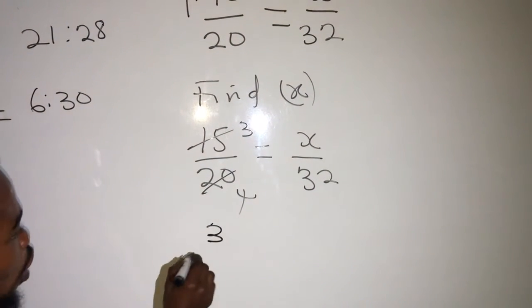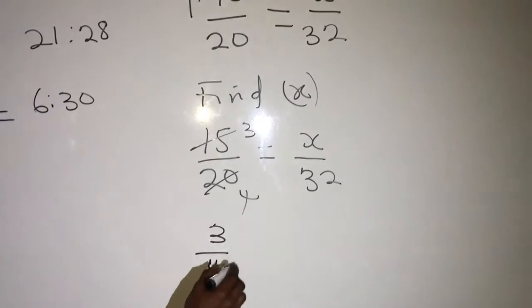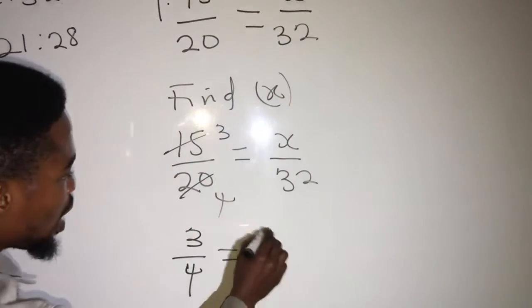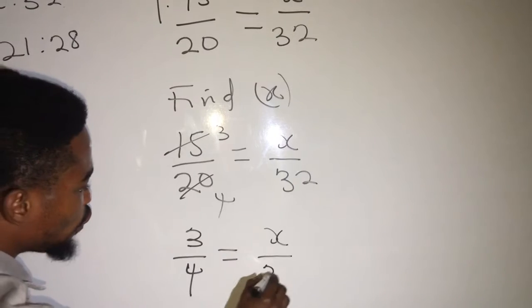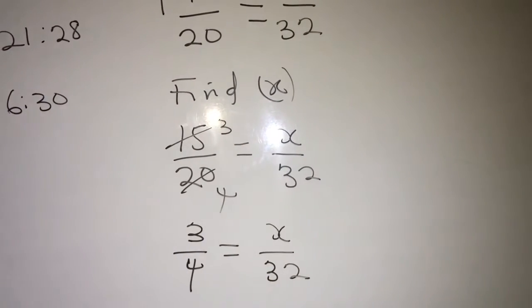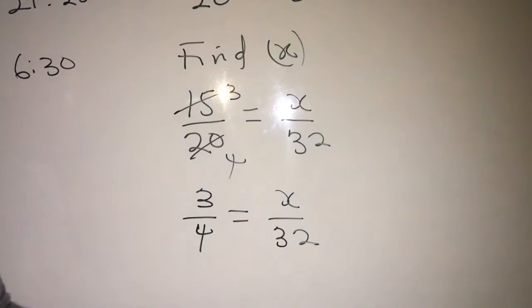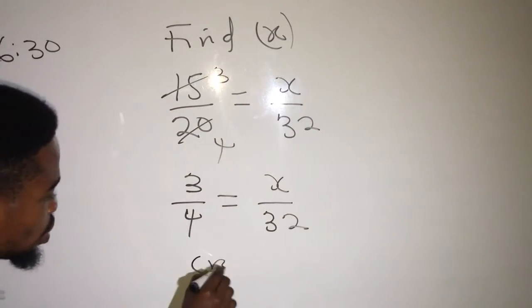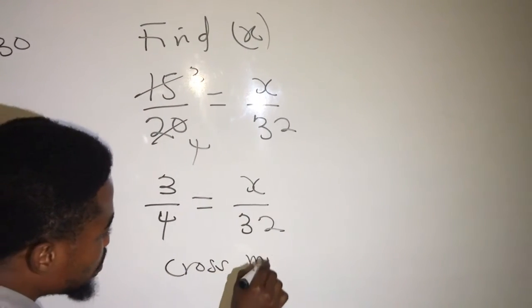So I have 3 out of 4 equals x out of 32. My next step is to cross multiply.